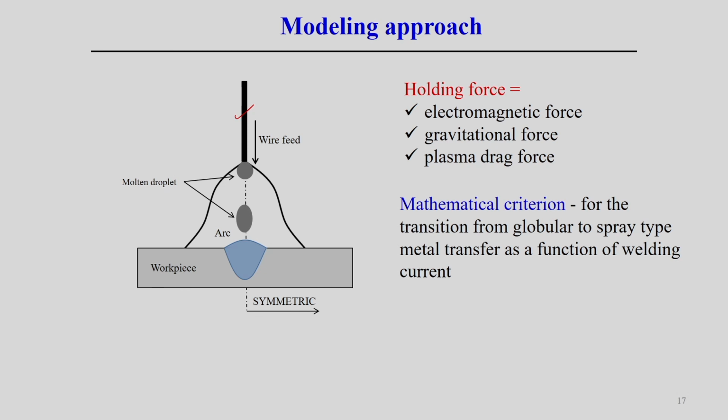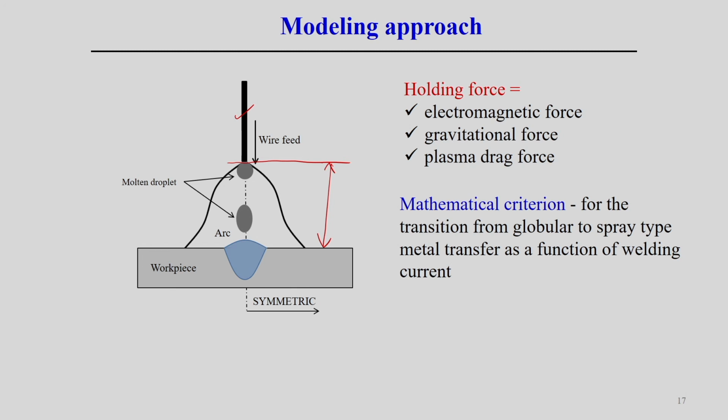Now, if there is a continuous feed rate, then in the modeling approach we assume the continuous feed rate and a continuous supply of droplets. So we can put the condition that for a particular situation, per unit time, the phenomenon is something like this. The zone between the electrode and workpiece is held constant, and there is a continuous supply and continuous melting or creation of the droplet from the electrode tip, such that the gap is maintained constant.